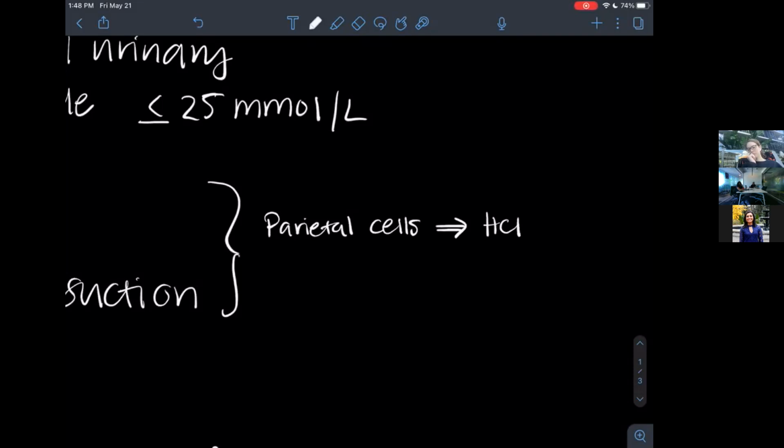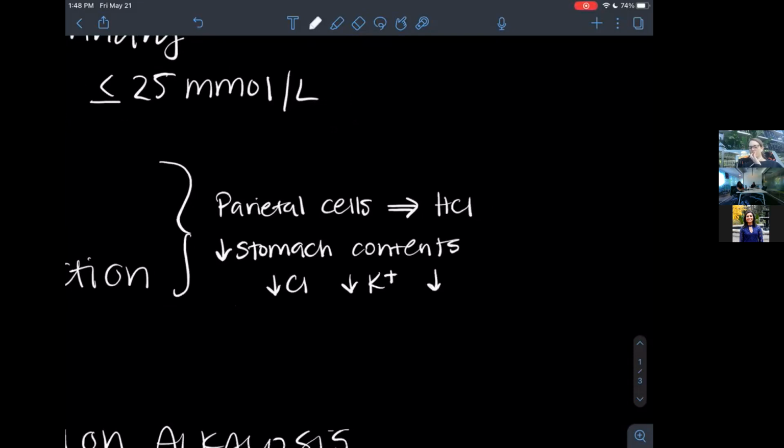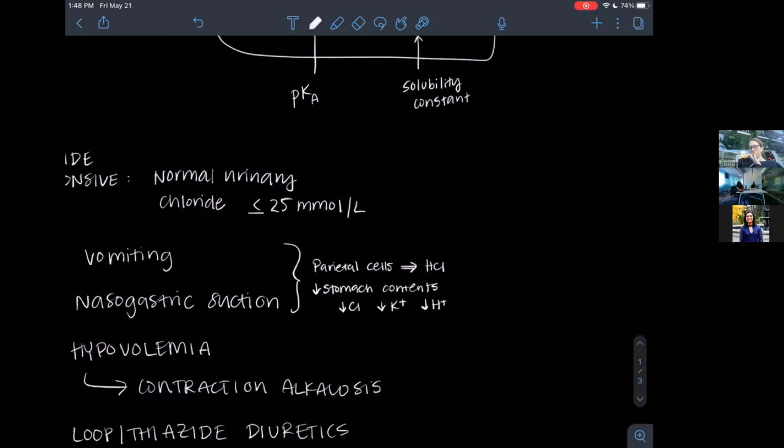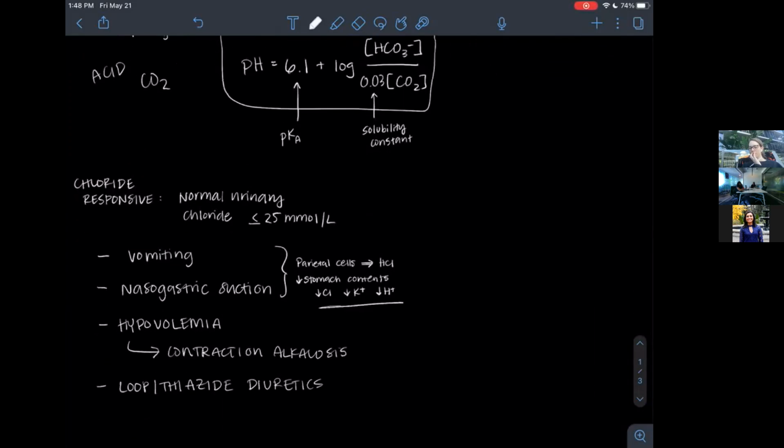So let's say you're vomiting, or you have a gastric suction of some sort, you are losing your stomach contents. That means you are losing chloride, potassium, and hydrogen. All those things will result in alkalosis.